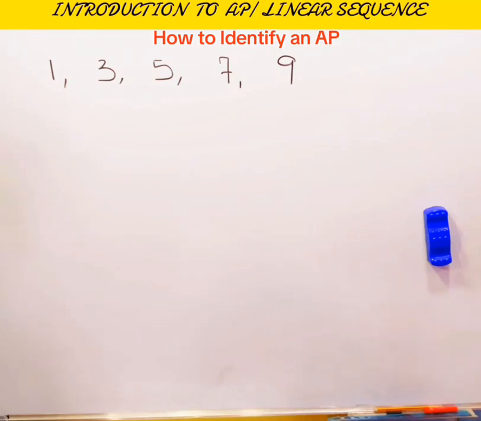How to know if a certain sequence is an arithmetic progression. A sequence is said to be an AP if the difference between a term and the immediate preceding term is common, which is a constant.